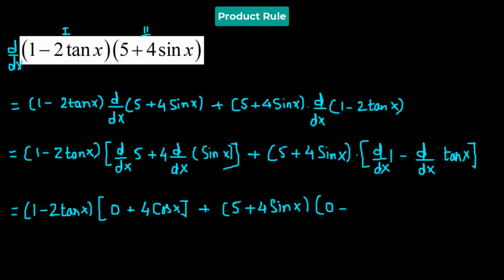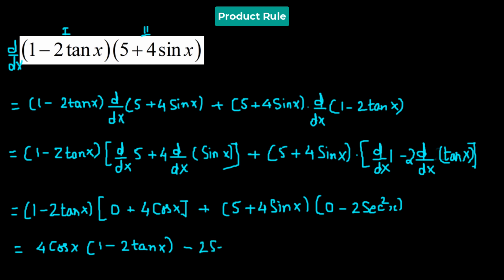So we have negative 2 times the derivative of the tangent function, which is secant squared x. So we have 4 times cosine of x multiplied to 1 minus 2 tangent of x. So we have negative 2 secant squared x multiplied to 5 plus 4 sine x.